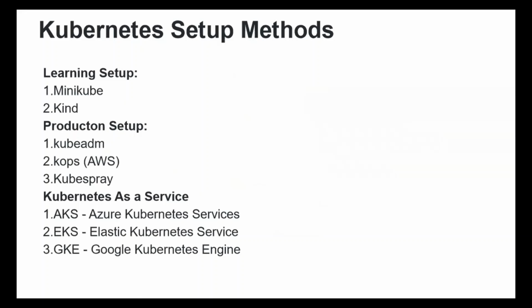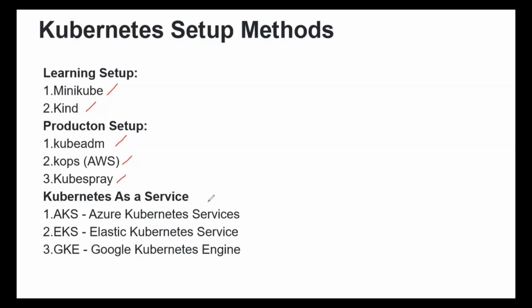So as I highlighted in my previous video on Kubernetes, these are all the various ways how you can set up the Kubernetes cluster. So if at all you want to set up a learning environment, you can use Minikube or Kind. And if you want to go for a production setup, we can use KubeADM, we can use Kops, or we can use KubeSpray.